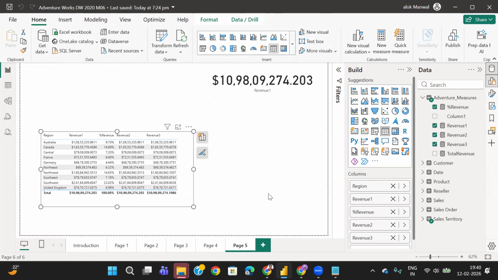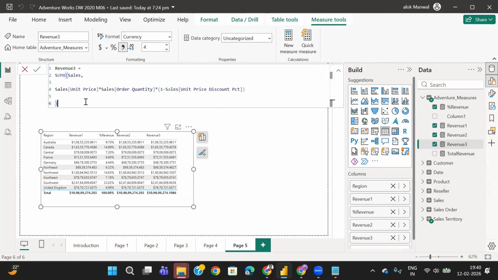If it's not percentage, and here it is 3.3. No, here it is 3. So let me do it 3. Still, it is showing me the point issue.